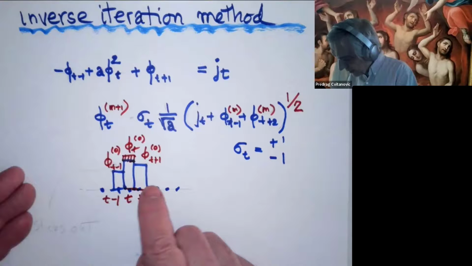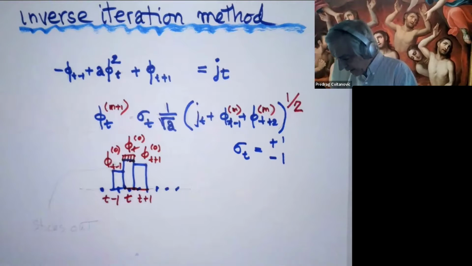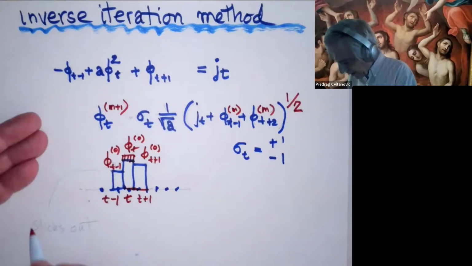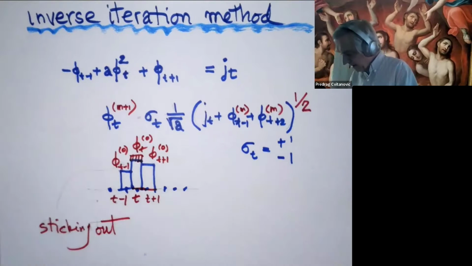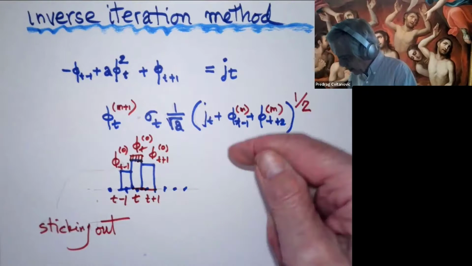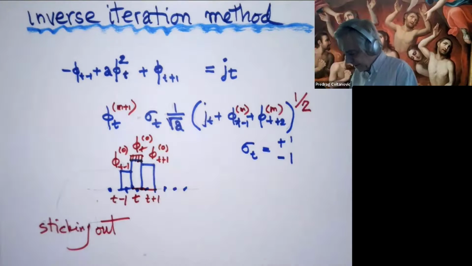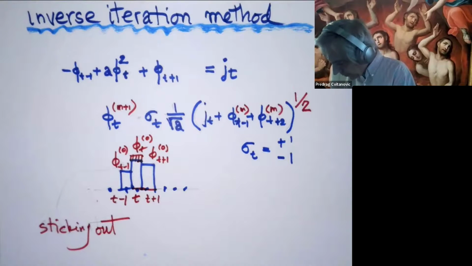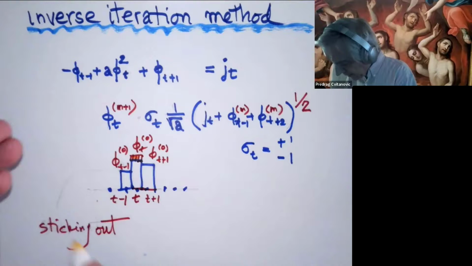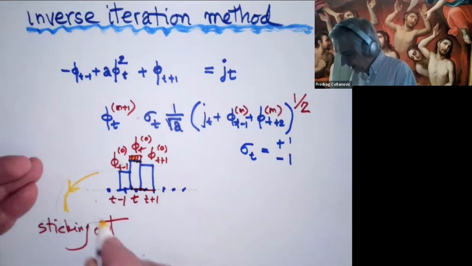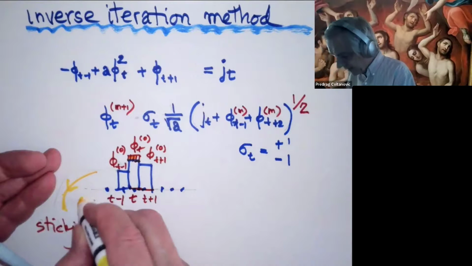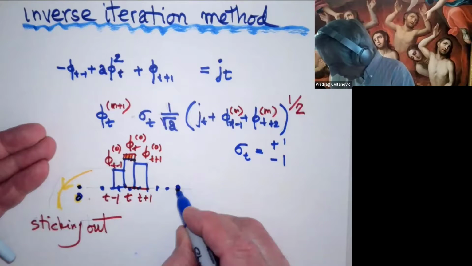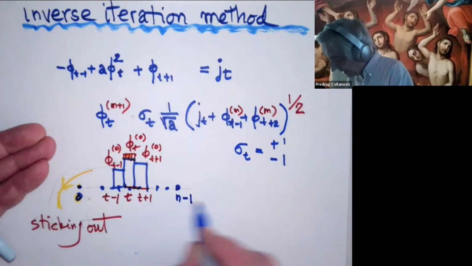I get a correction because I penalize. There is, I was sticking out. People on Baidu immediately noticed this, and the neighbors told me, "You can't say this. Get down." And that's what the inverse iteration method is doing. It's producing corrections, and the way it does it is that I check everybody on a finite lattice of n sites. So this starts at 0, ends at n-1, these lattice sites, and then it repeats itself.